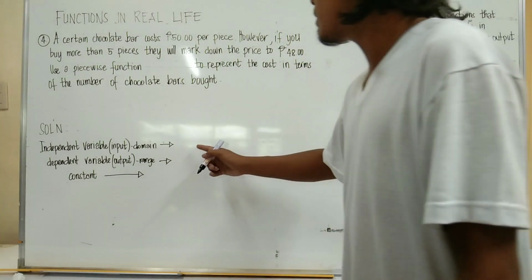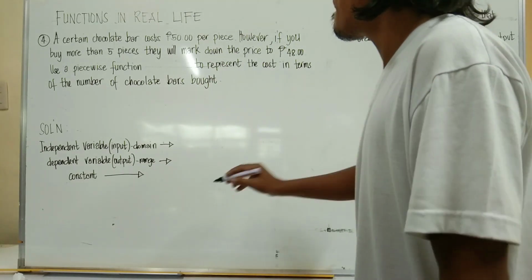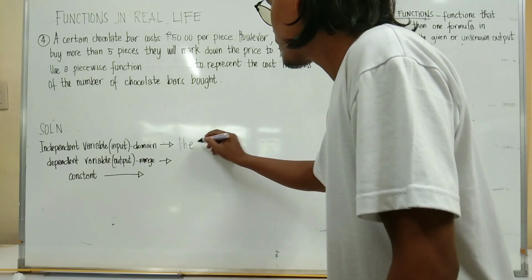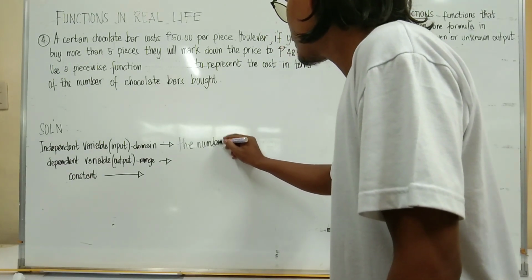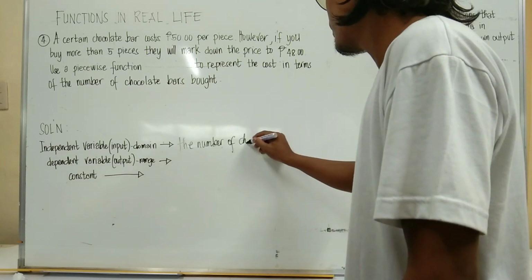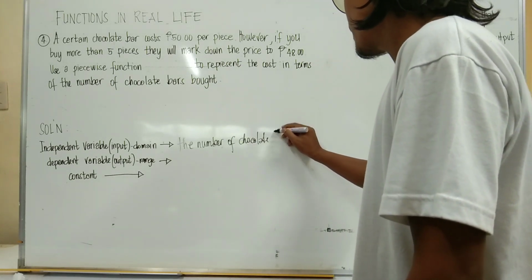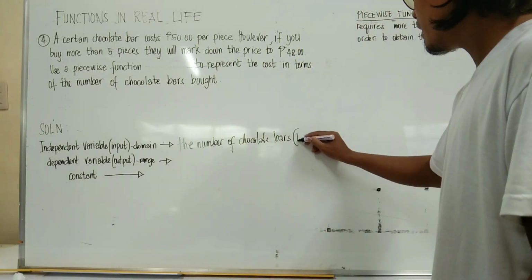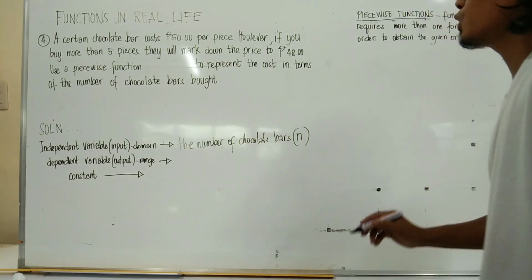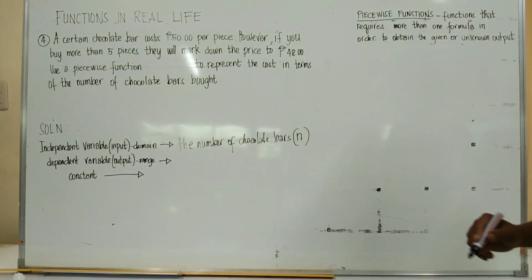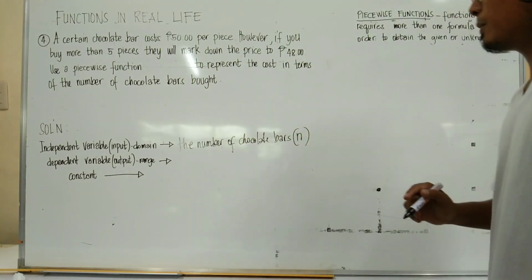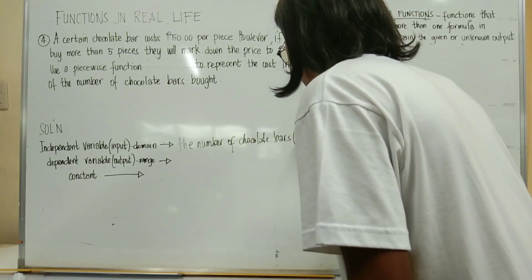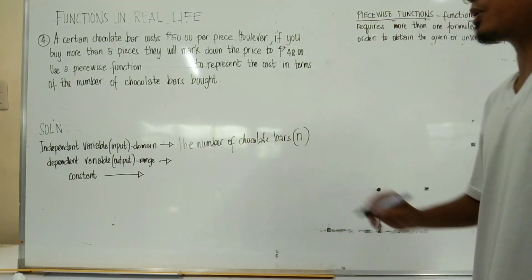Okay, so the independent variable in here is the number of chocolate bars. Okay, we can use any letter of your alphabet to denote your independent variable, as it is not specified in the problem. So bear with me, let us use small letter n to denote the number of chocolate bars.